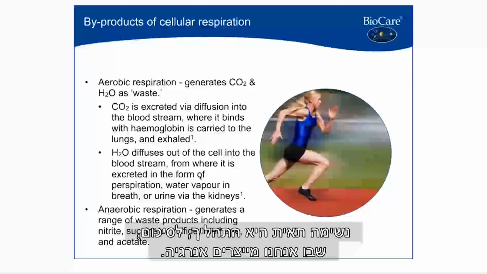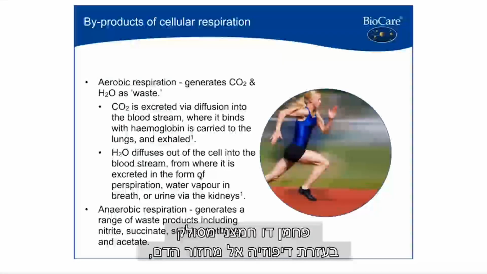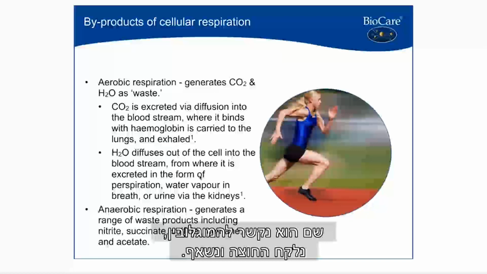So cellular respiration, to summarize, is the process by which we generate energy. This generates CO2, carbon dioxide, and water as waste, and obviously generates energy. CO2 is excreted by diffusion to the bloodstream, where it binds to hemoglobin and is carried out in an exhale.